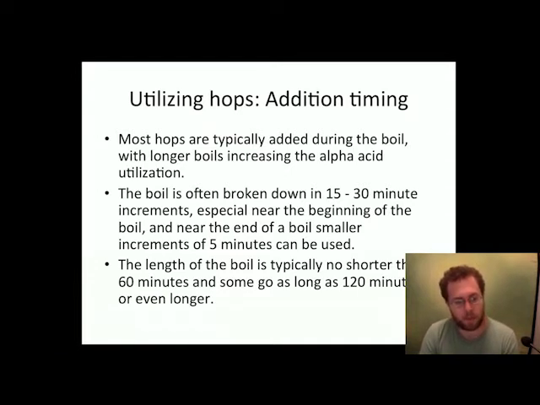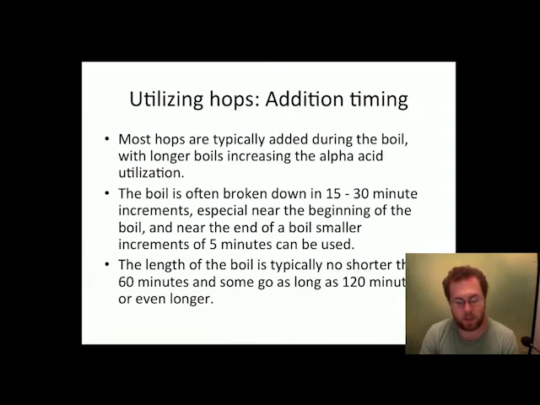So most hops are typically added during the boil, and the longer the boil, the more increase of alpha acid utilization, or alpha acid conversion to isoalpha acids, that you'll get. So the boil is broken down usually in 30 to 15 minute increments that you'll think about as you're going, especially near the beginning.